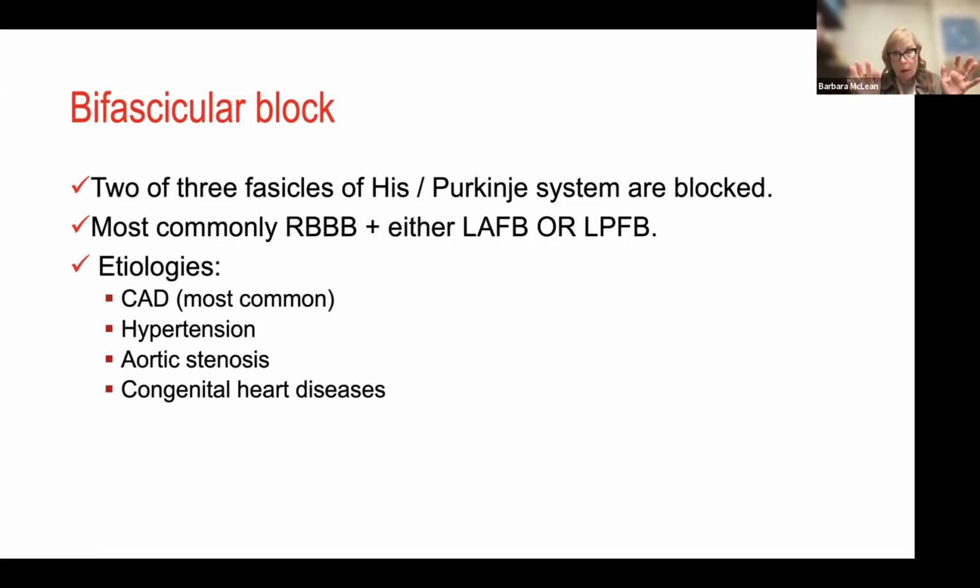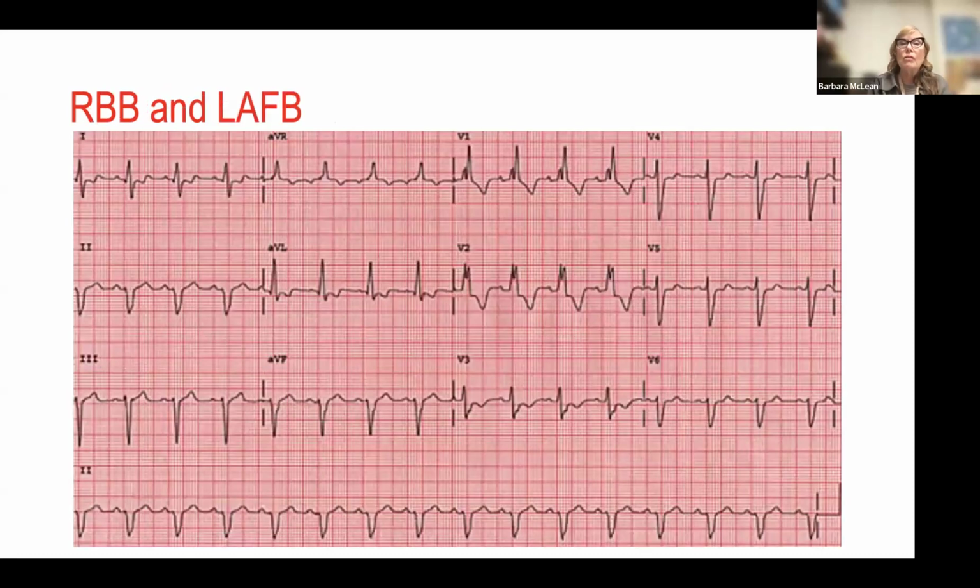When you've got a left main, you're probably not going to survive unless we get it open quick. But with a left anterior descending coronary artery occlusion, and particularly proximal to the division of the left main to the LAD, that's going to involve the septal wall. We see it also with hypertension. We can see it with aortic stenosis, and we can see it in congenital heart disease.